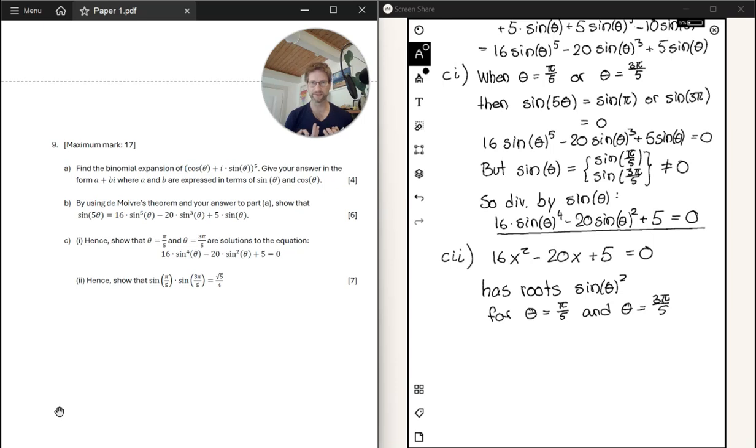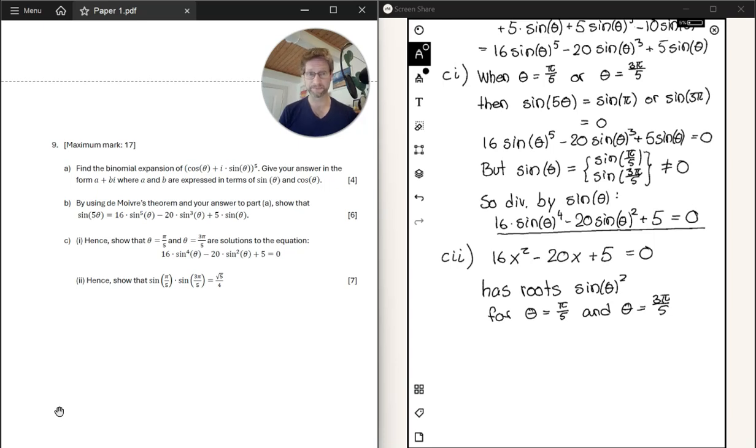This is the upshot that we have to kind of see to solve this, is that the equation up here is what happens when we take sine of theta squared and shove it into this equation as x. And then we're in a completely different chapter.